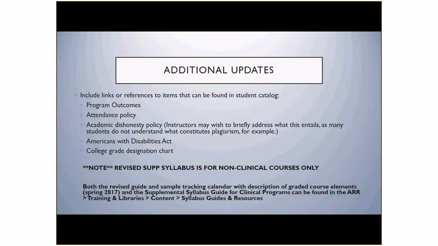Additional updates. The program outcomes are going to be linked. The attendance policy should be something where you refer the students to the catalog. Academic dishonesty policy, you refer them to the catalog. Americans with Disabilities Act, you refer them to the catalog. The college grade designation chart, you refer them to the catalog. The reason we're doing this with these items is because policy and procedure do change.